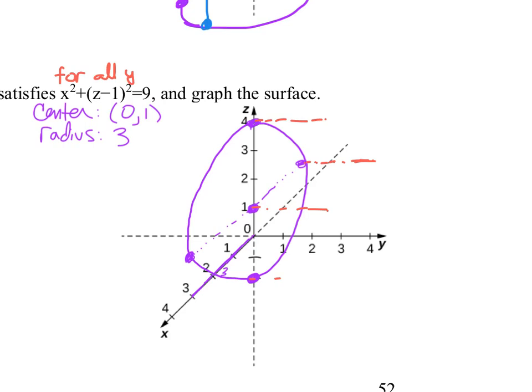That might help you. Oh wait, no, I think it's fine. Oh, because I'm plotting the center for some reason. Okay, that's what was messing me up. All right, so we're looking at a similar figure.